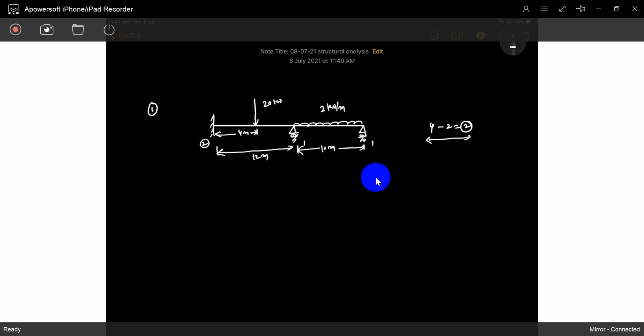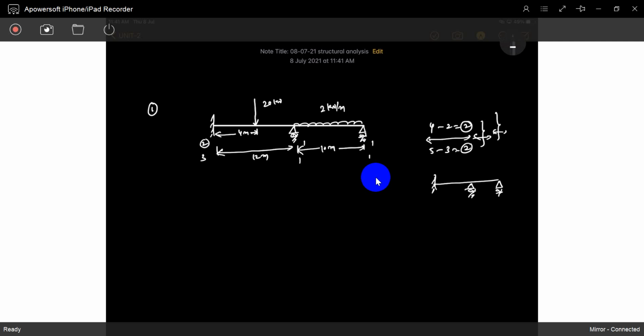If we exclude horizontal, indeterminacy also 3 1 1, 5 minus 3, 2. No problem for this. So it has a 2 indeterminacy. How will we solve? We already solved a proper cantilever. We just increase one indeterminacy extra. How can we solve?